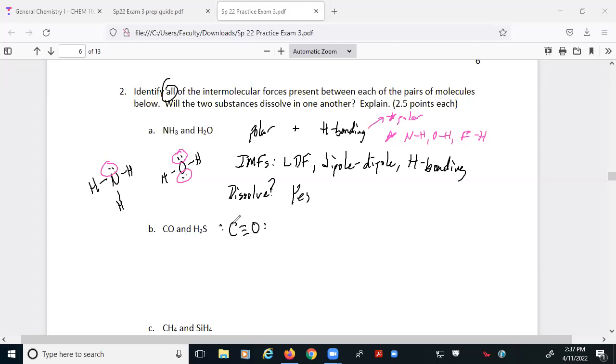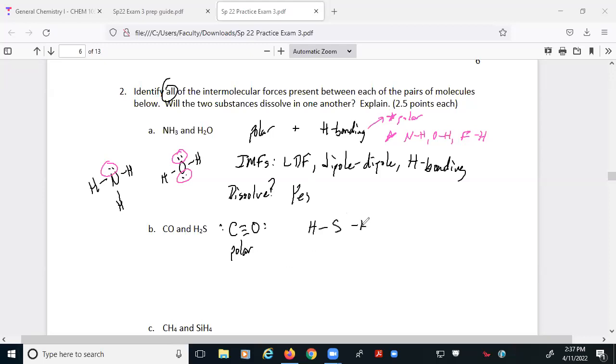So if the bond is polar, it's a polar molecule as well. Now, does carbon monoxide exhibit hydrogen bonding? No, it's missing that second bullet point. It is polar, but there's no nitrogen to hydrogen, oxygen to hydrogen, or fluorine to hydrogen bond. So it's just polar.